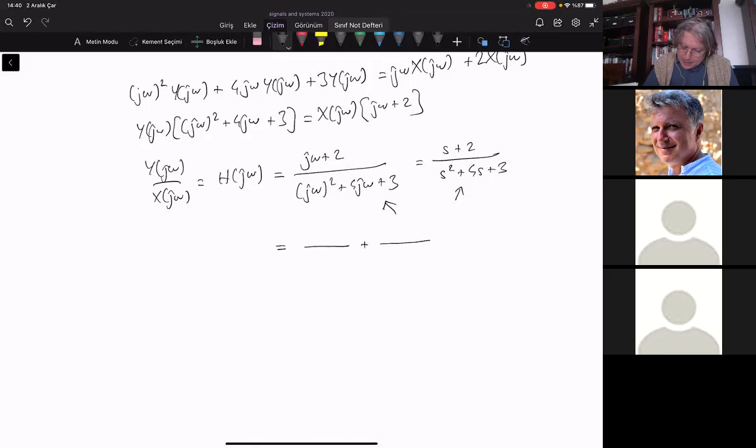By inspection, I can find that this can be written as something over (jω + 1) plus something over (jω + 3). Because if I multiply (jω + 1) by (jω + 3), I will get (jω)² + 4jω + 3.